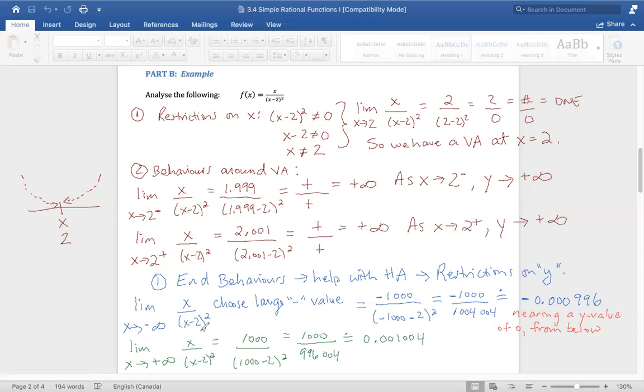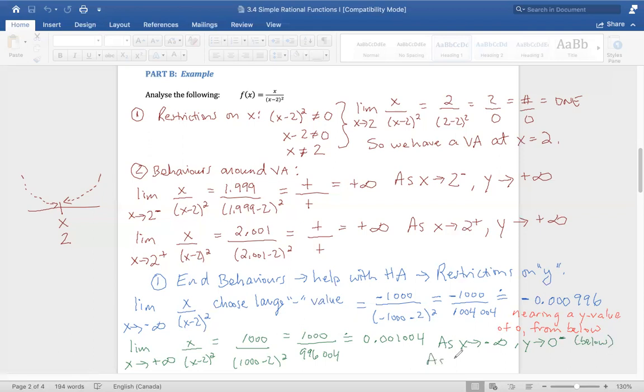So as x moves more and more to the right-hand side, approaching positive infinity, my y value is again approaching 0, getting very, very close to 0, but from up above. So we will write that out, still in green here. As x approaches negative infinity, y is approaching 0, but this negative means from below.